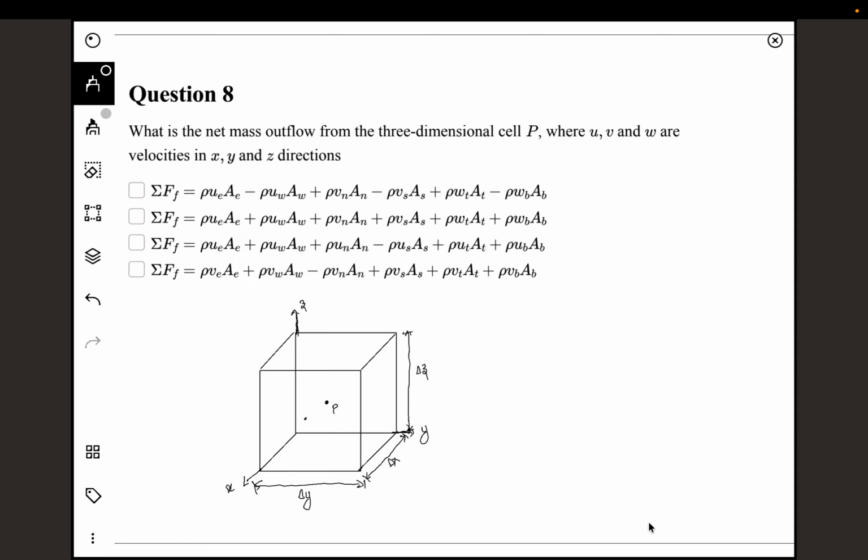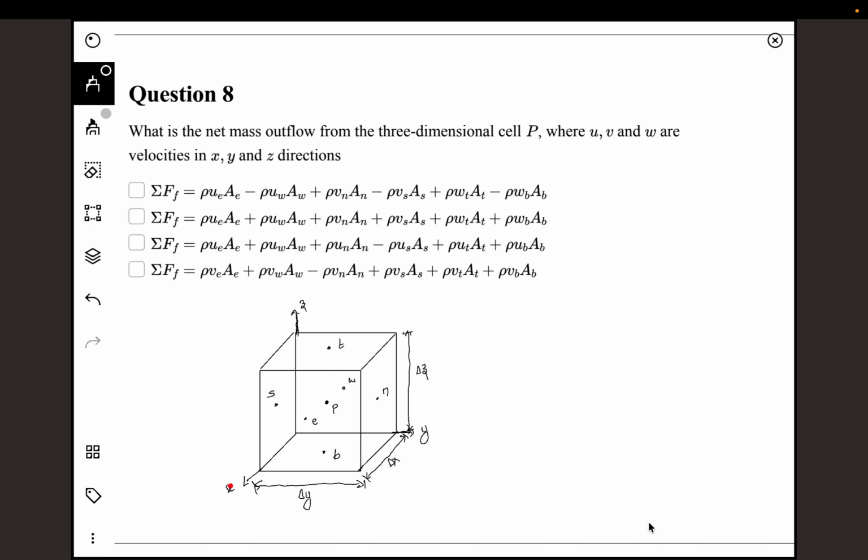Let's call the front face east, and the back face west. This is the top face, this is the bottom face, this is the north face and this is the south face. This is how I define the cell nodes here. Accordingly, the net flux along the positive direction should have a plus, and along the negative direction it should have a minus.